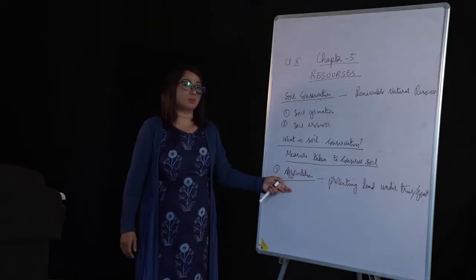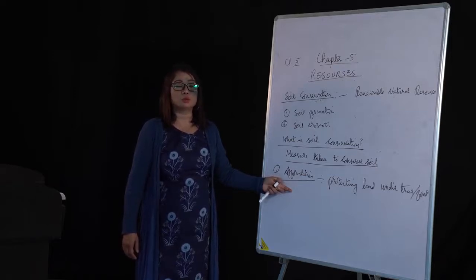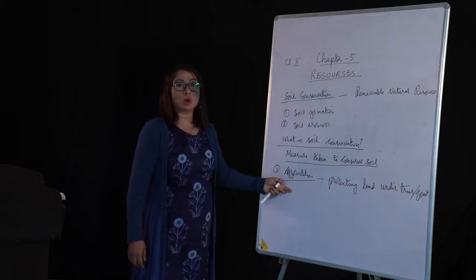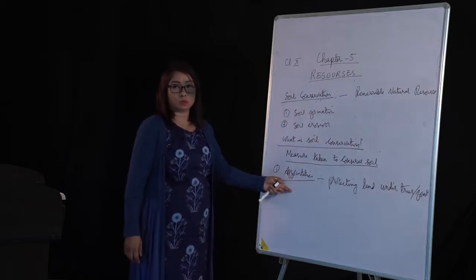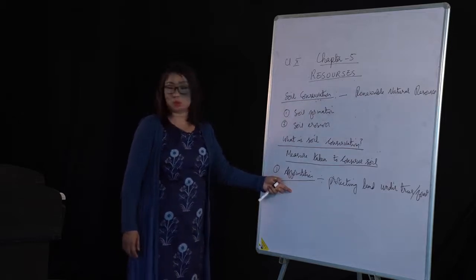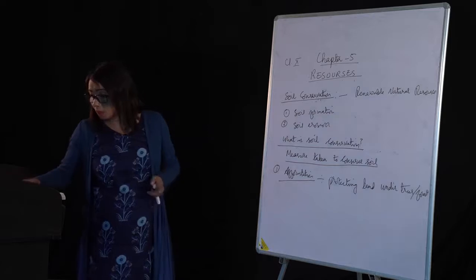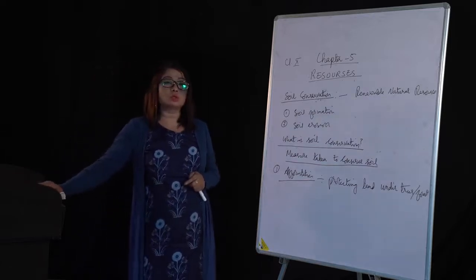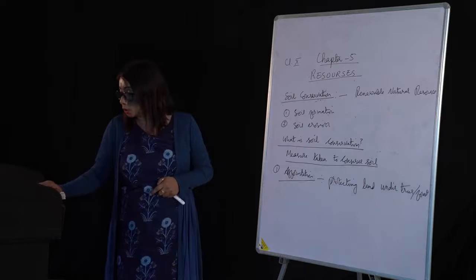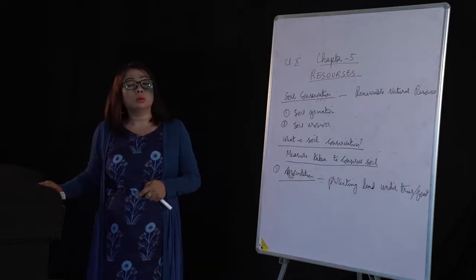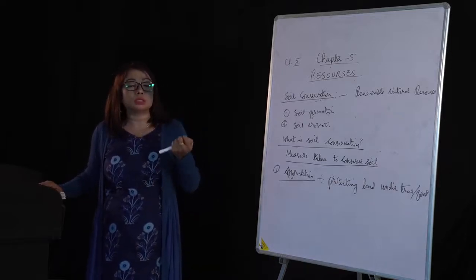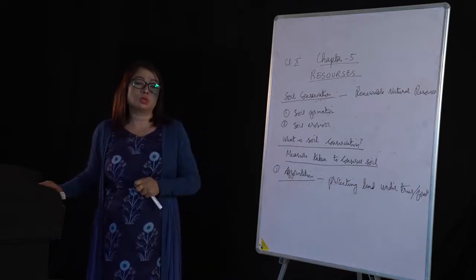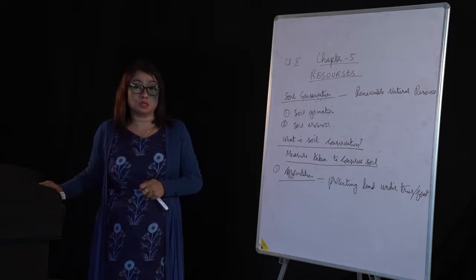Planting foliage or plants in those areas where there is undergrowth of plants will help to encourage healthy soil and water absorption. Also, afforestation will reduce soil erosion as the roots of the trees keep the soil tight so that erosion does not take place easily.